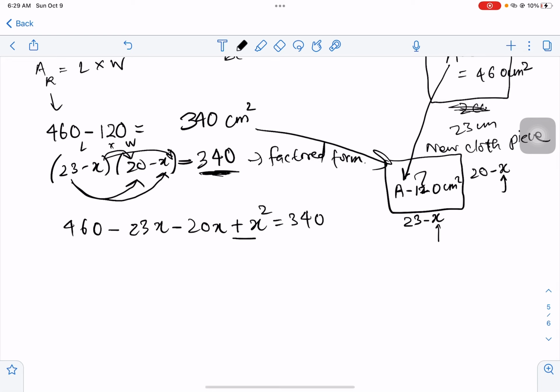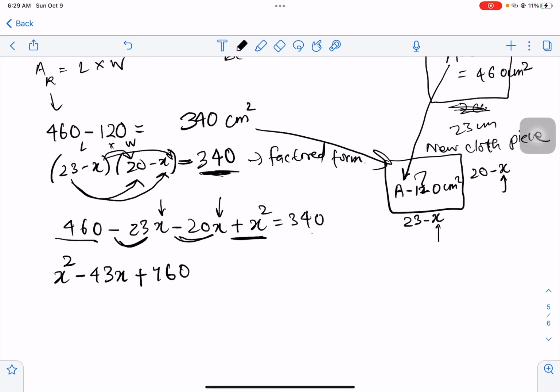So let's rearrange: positive x square, then negative 23x negative 20x. Since they are like terms, I can operate here, so negative 43x. Then positive 460. If I bring this 340 to this side, it will be negative 340. Now everything is on this side, so equals 0.